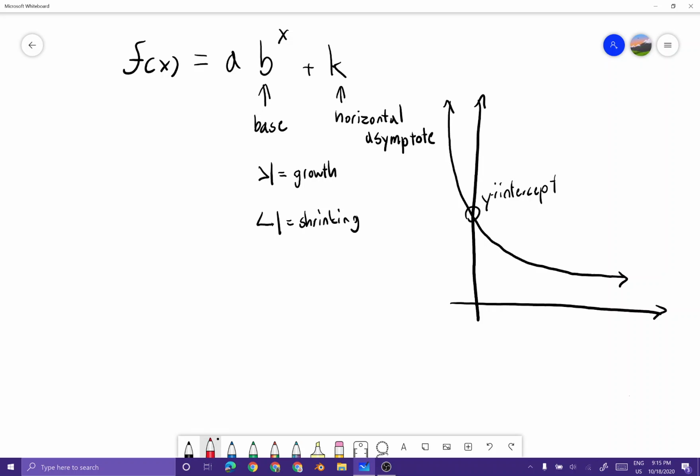And let's say your horizontal asymptote here is y equals 1. Let's say your y-intercept is y equal to 3. So the distance between these is 2. And that can be thought of as your vertical stretch, and this is your vertical shift, right? I forget what this is actually called.